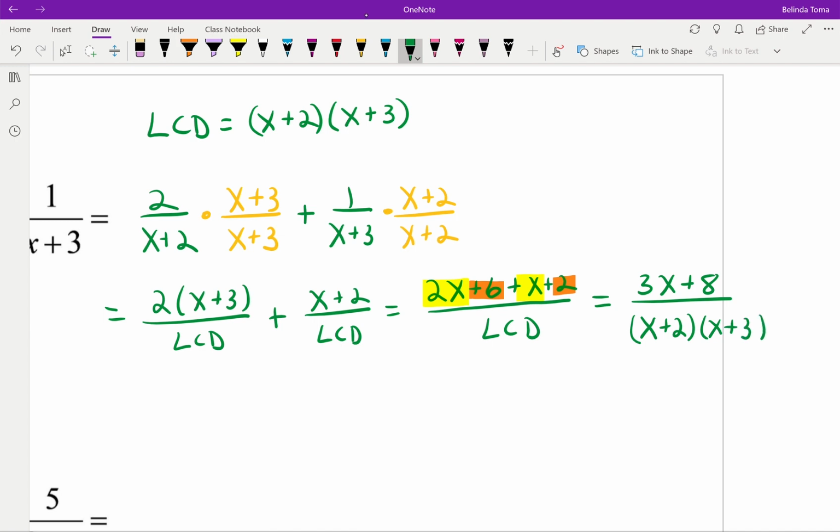So even though I use that shortcut in my work, at the end we never want to leave it as LCD because our final step is to check to see if we can factor and cancel anything else. Well, 3x plus 8 is prime, therefore there's nothing else that we can do.